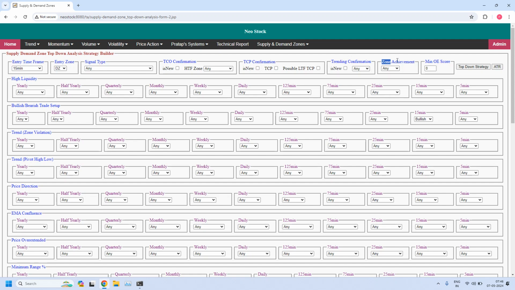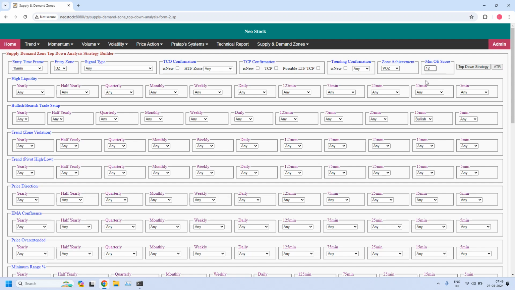And the second filter is zone achievement. We don't want any zones other than VOZ. VOZ means violated opposing zone. So that means our zone should have a violated opposing zone achievement. And the last filter, minimum odd enhancer score, I want to set the value 12.